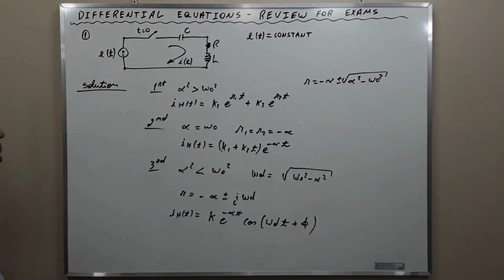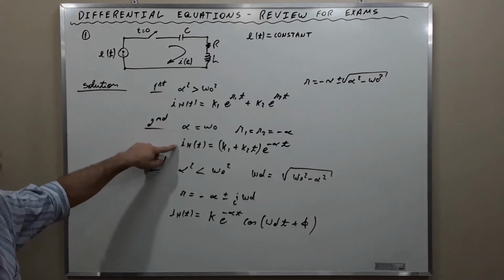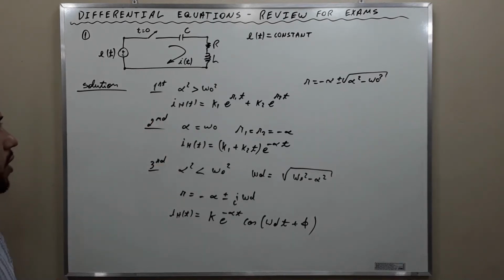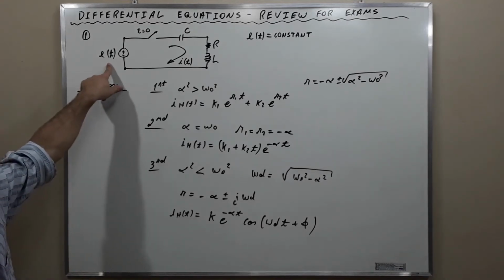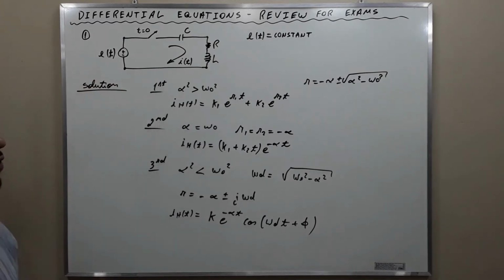So we have three possibilities of solution for this homogeneous equation. And this is only possible when the forcing term is constant. If the forcing term is a function of time, then there will be a particular solution, which will depend on the nature of the forcing term.